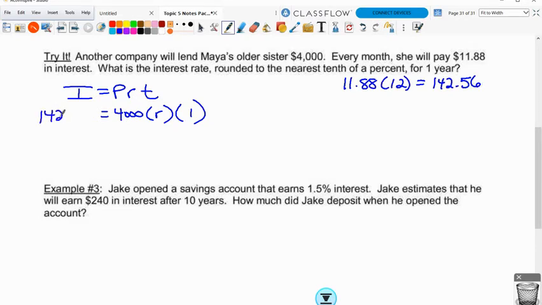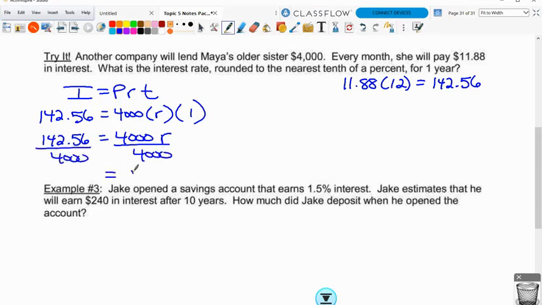So that will go right here, $142.56. So there's our equation. And just like we did before, on the right-hand side, we'll multiply 4,000 by 1, which again is just 4,000. So 142.56 equals 4,000 times R. And we're going to have to divide each side by 4,000 to get R all by itself.